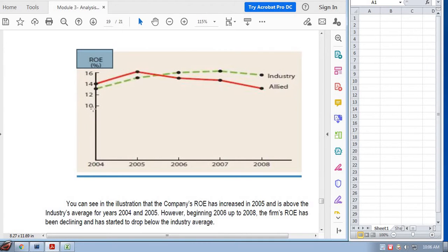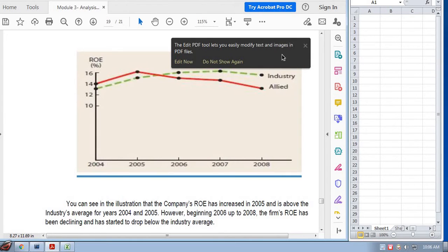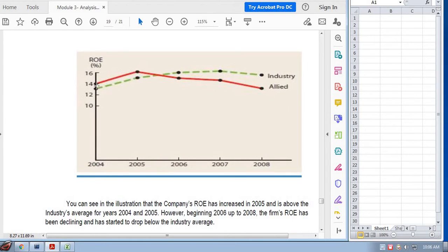Okay? So in this illustration, you can see that the ROE, this red line, is 14% in year 2004, then became 16% in 2005. So it increased from 2004 to 2005, and it is above the industry average.